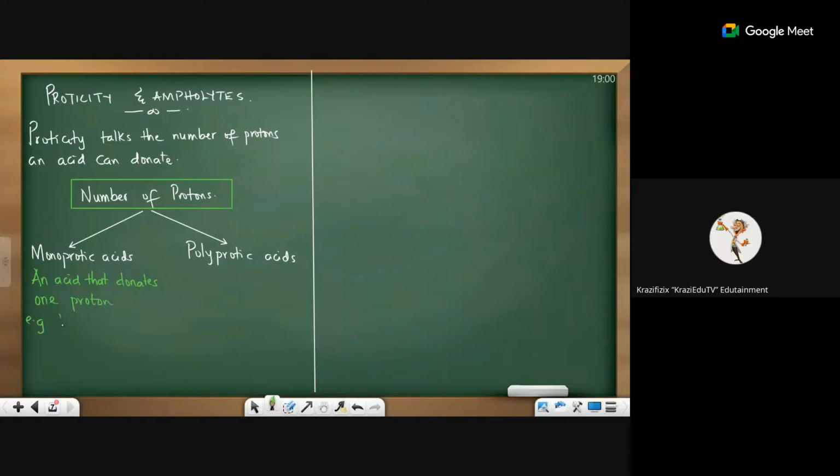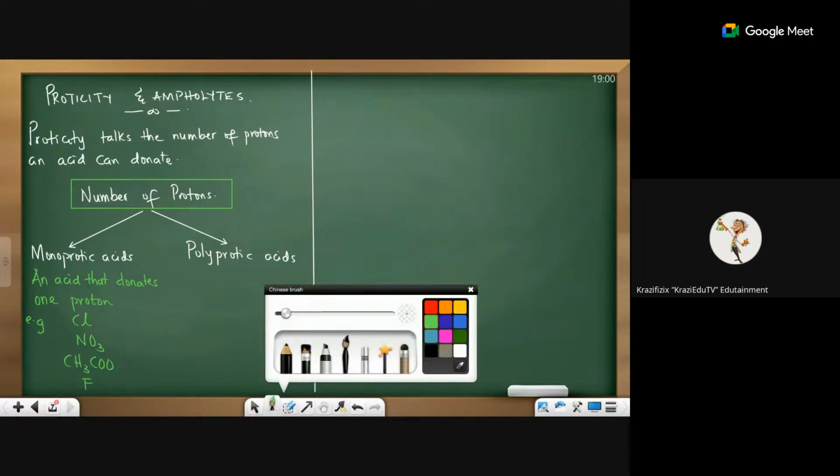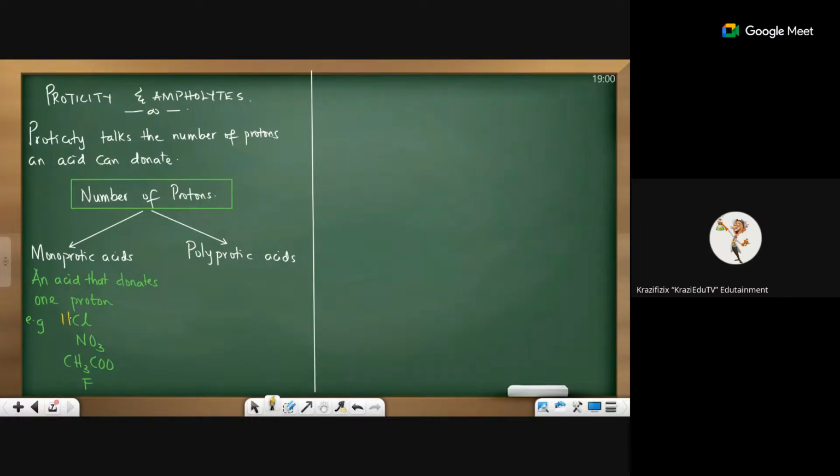Example, HCl, hydrochloric acid, nitric acid, ethanoic acid, hydrofluoric. You would notice there's only one H that is donated. In fact, I know that we like colors, so let me also use colors. The one that is donated, I'm using a different color. This is the one that is donated. So you can highlight it.